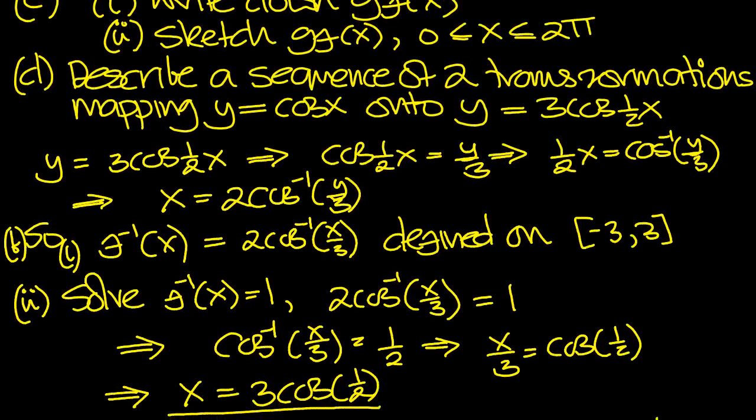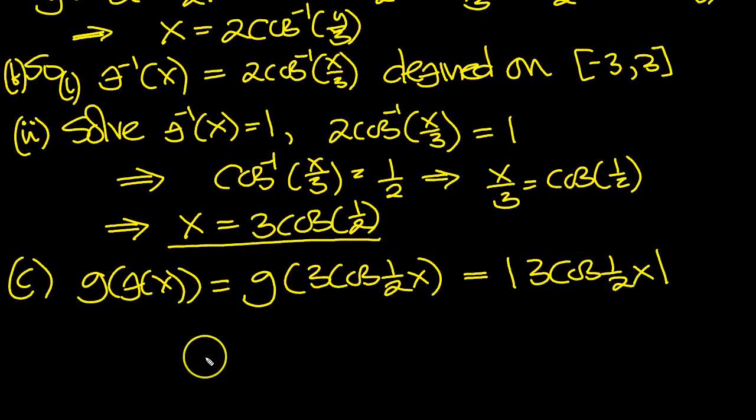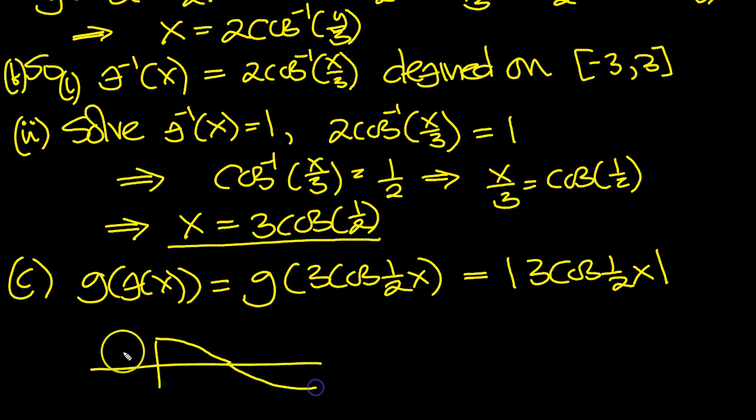Sketch g of f of x from x equals 0 to 2 pi. So we actually sketched the 3 cosine above, didn't we, at the beginning of the sketch? And we said it went from 3 down to minus 3 from 0 to 2 pi.